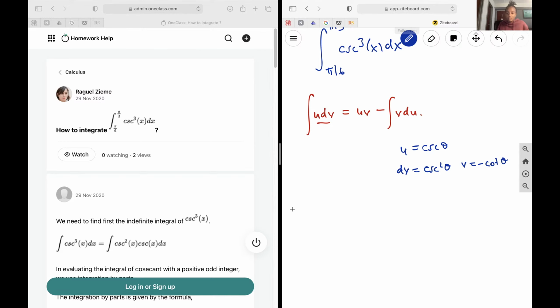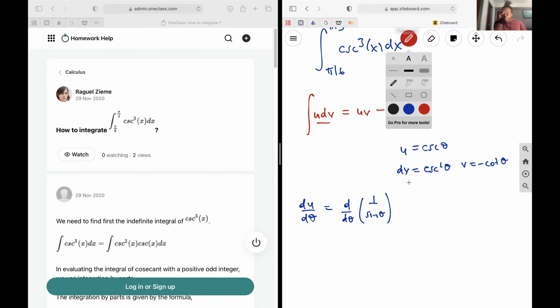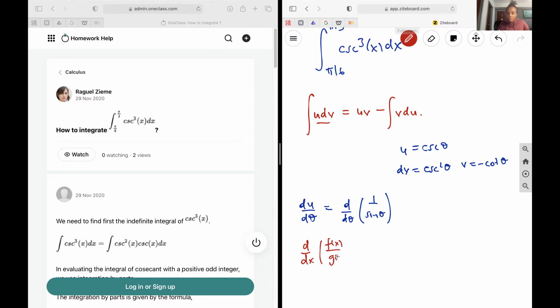Let's go about finding our du. Du over d theta is equal to d over d theta of 1 over sine theta. And then I'm going to apply my quotient rule. And that just states that d over dx of f of x over g of x is equal to the derivative of f times g of x minus the derivative of g times f of x, all over g of x squared.